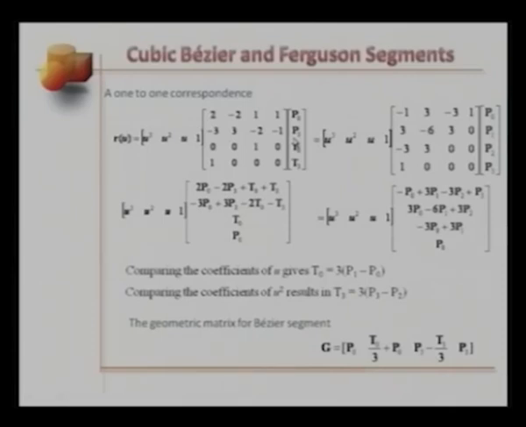Given a Ferguson curve, you can always convert the slopes into the corresponding design points, like here. And on the other hand, if you're given the geometry pertaining to a Bezier segment, it is always possible to convert this geometry back into the point and slope information that is required by a cubic Ferguson segment, again using these two conditions.